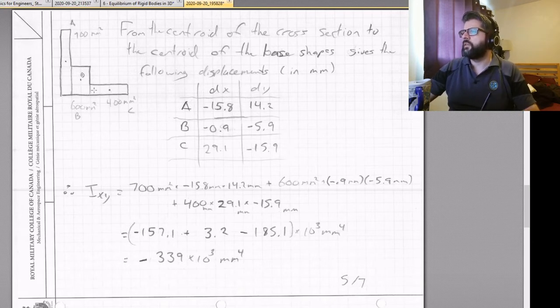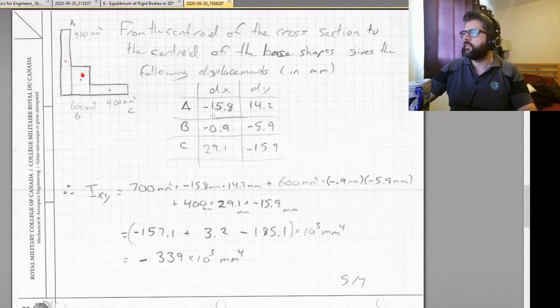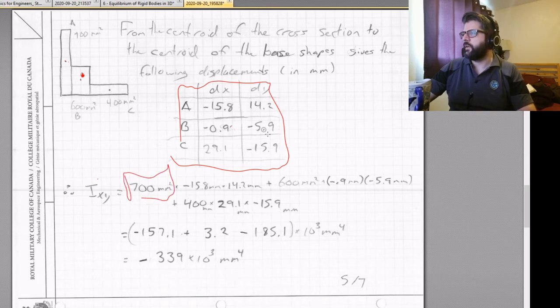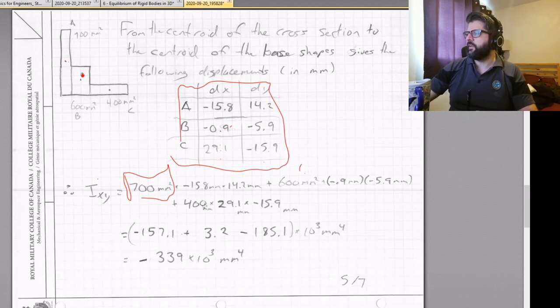Again, we measure from our centroid to the centroids of the component parts, which gives us these displacements. We take those values times the area for A, times the area for B, times the area for C, and add that all up.